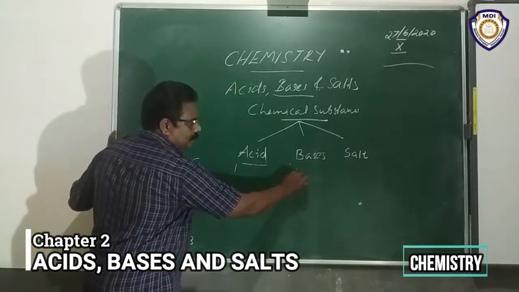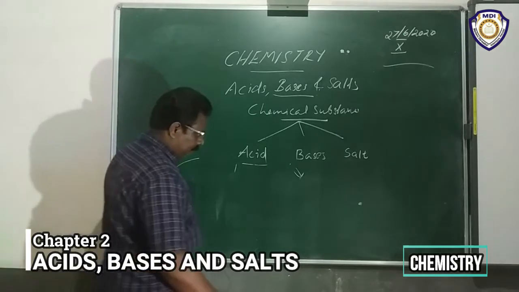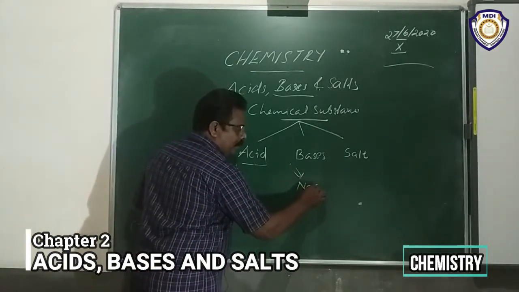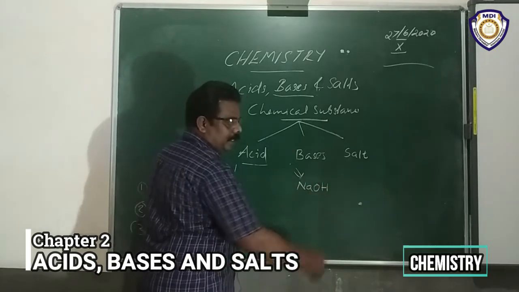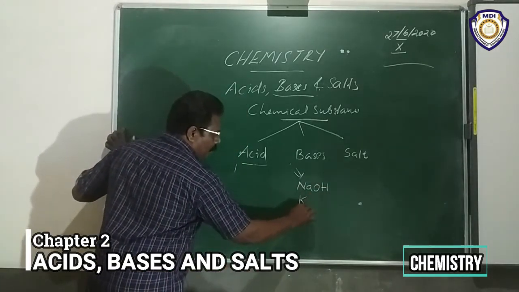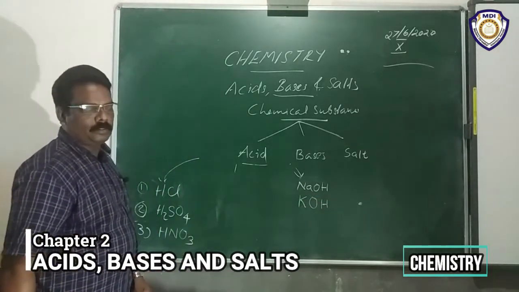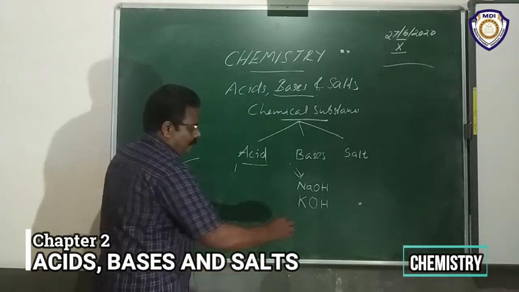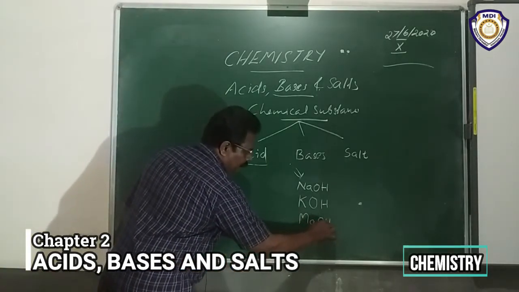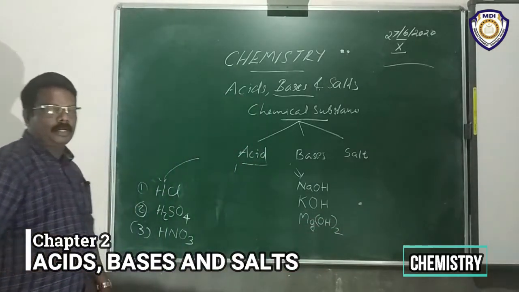Now take some examples for bases. First one, sodium hydroxide, NaOH. Then potassium hydroxide, KOH. Then magnesium hydroxide, Mg(OH)2.